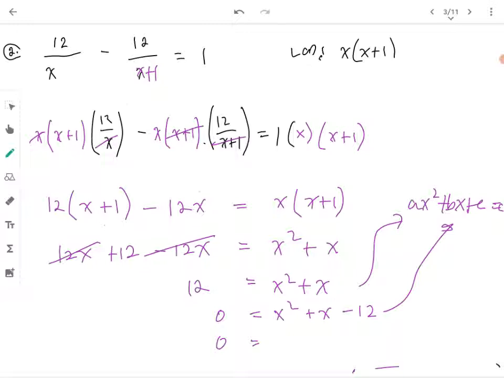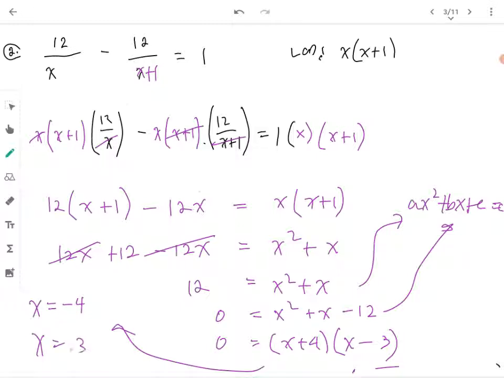But I think this is factorable into x plus 4 and x minus 3. So x becomes negative 4 and x equals positive 3.